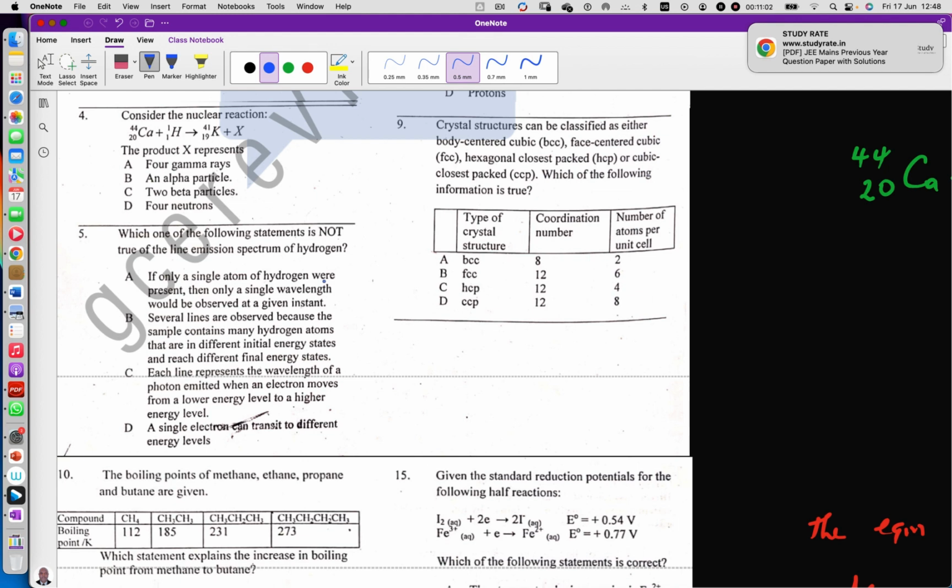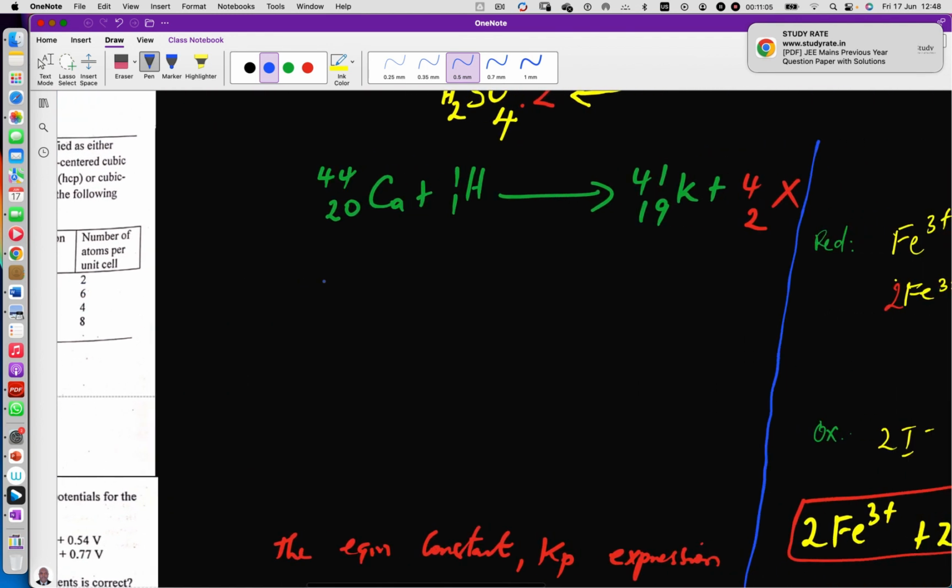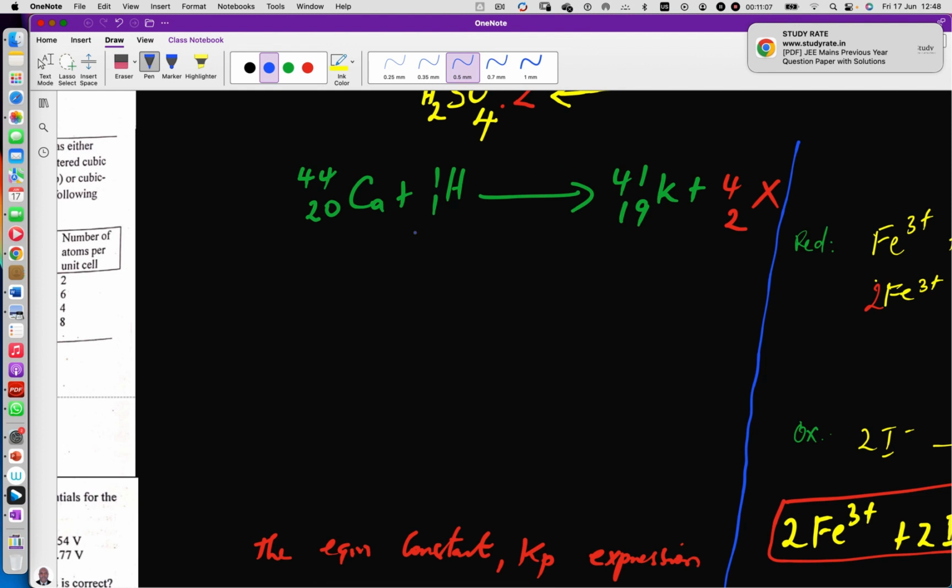If you look at this reaction, we have calcium, hydrogen, and potassium. Now, our product here has a mass of 41 and atomic number of 19.